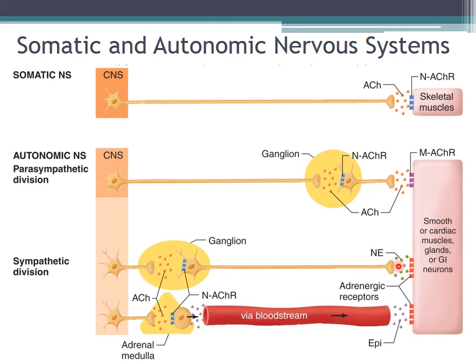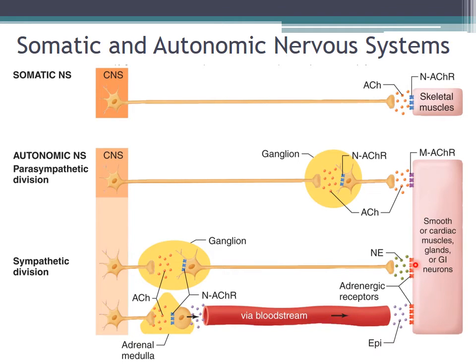Now, this norepinephrine is going to bind to receptors on the target tissue called adrenergic receptors. Adrenergic receptors come in two types: alpha adrenergic receptors, which you'll find primarily in the smooth muscle in blood vessels, and beta adrenergic receptors, which we'll talk about in the heart and in the smooth muscle in your airways.